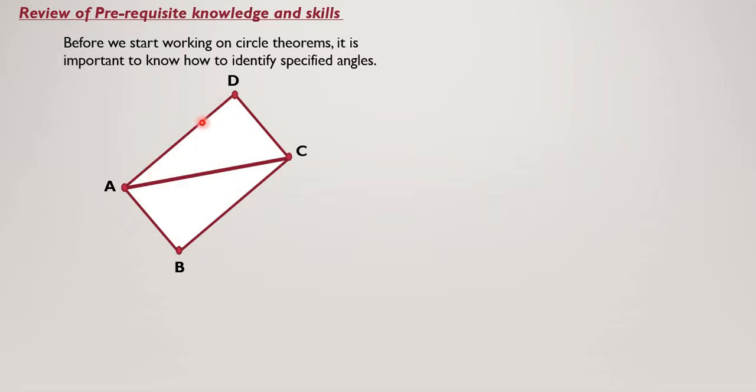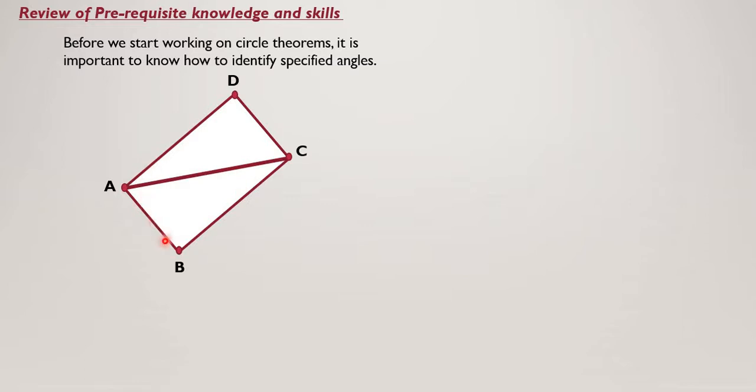These two lines, DA going from D to A and the line which goes from point C to point A, meet at the vertex A. So the angle formed here is angle A.